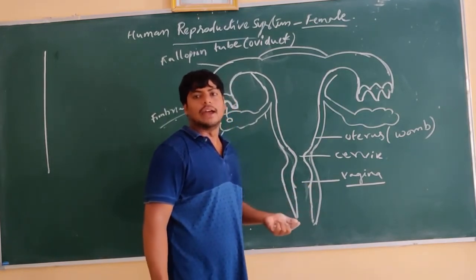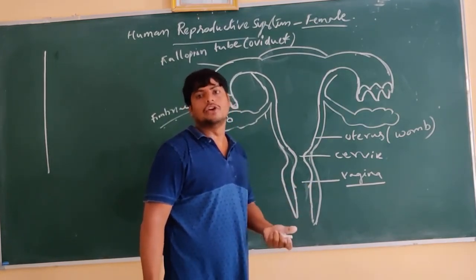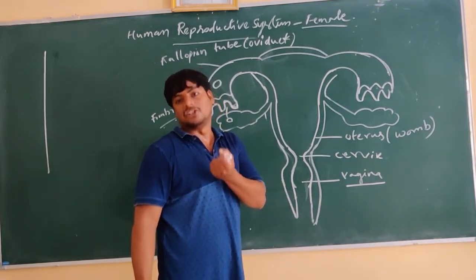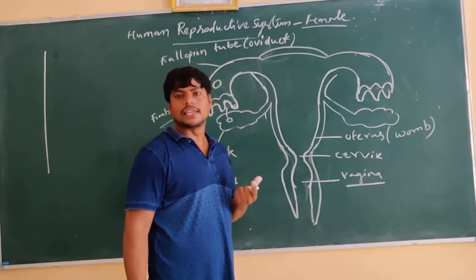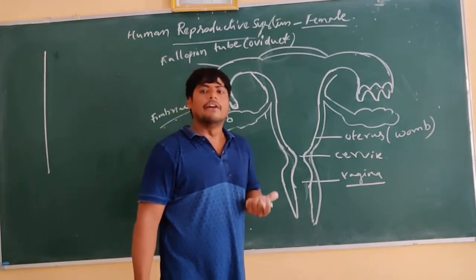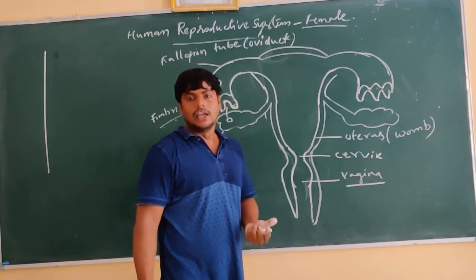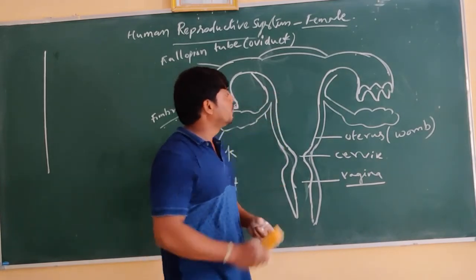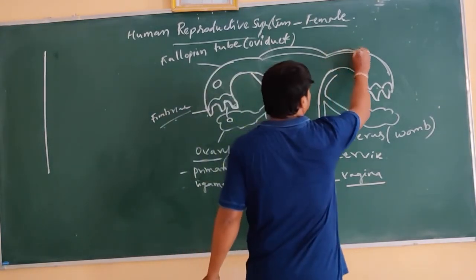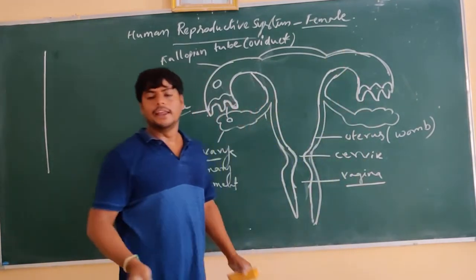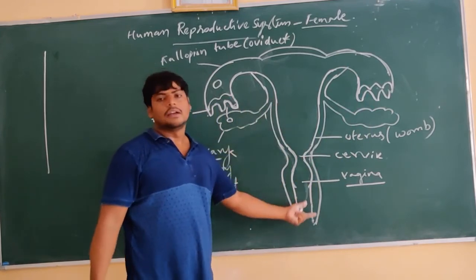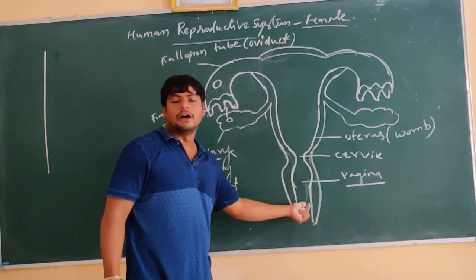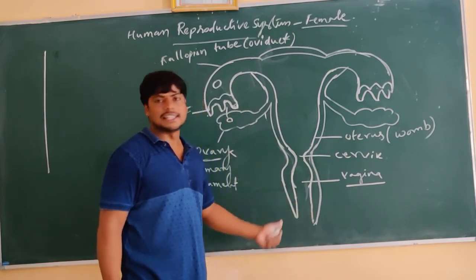And as we know, a girl child is going to be subjected to another process, the menstrual cycle. During the menstrual cycle, which occurs once every 28 days, during this process of menstruation, the flow of blood passes through the cervix and comes out of the body through this vagina.